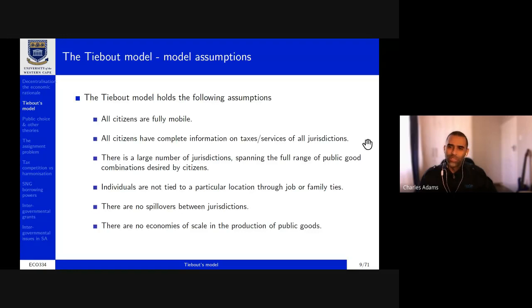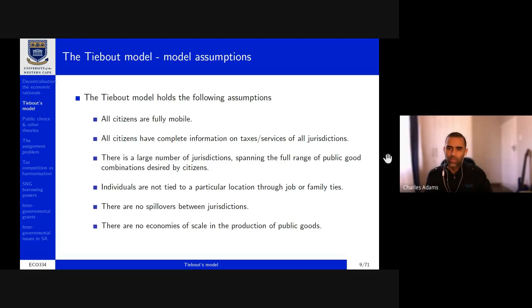Yeah, so with these simple models, much like the benchmark model we looked at, the assumptions are extremely simplifying and extremely abstract. When they talk about fully mobile, what they mean here is there's no friction that inhibits people from choosing between jurisdictions.